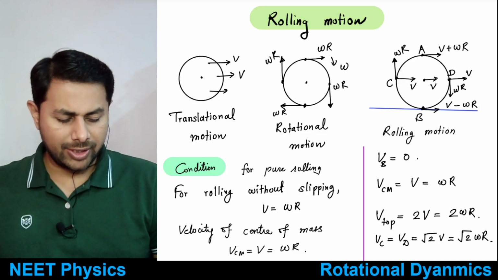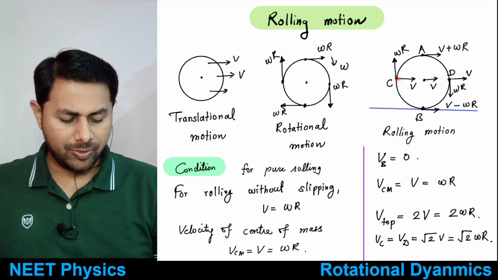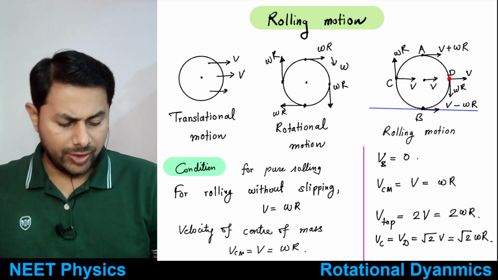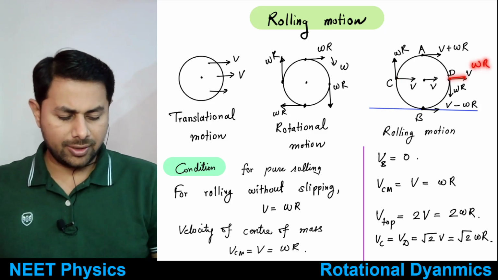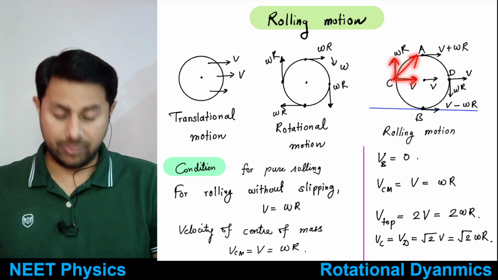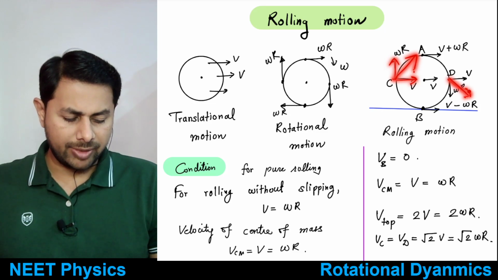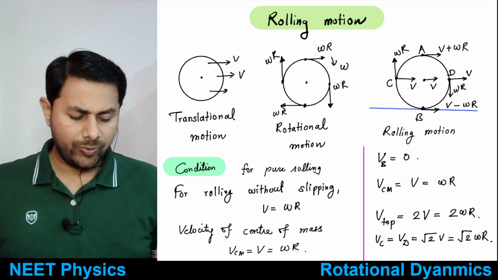Then what about this point and this point? So these are the midpoints, you can say. So v is equal to omega r, then the vector sum of this thing will be, by parallelogram law of vectors addition, directed like this, okay? Velocity of this point will be directed like this, and what would be the vector sum?